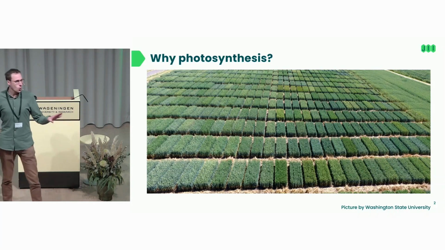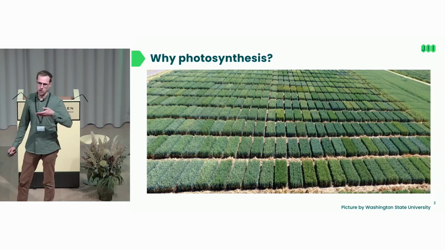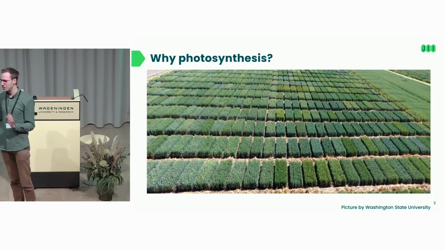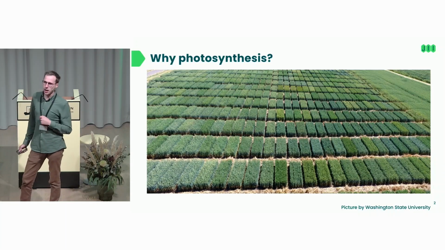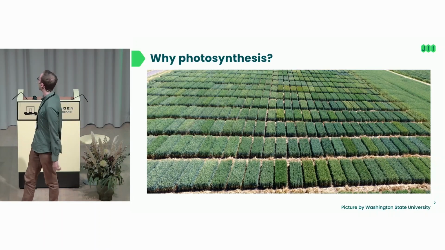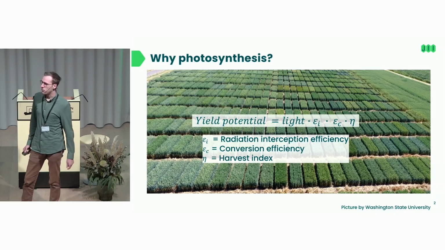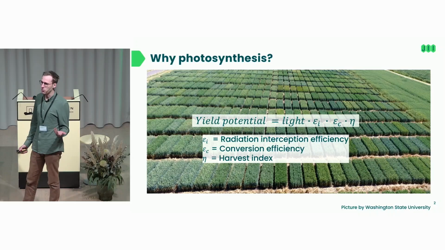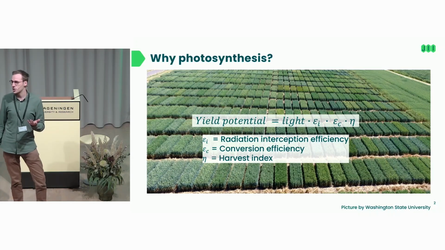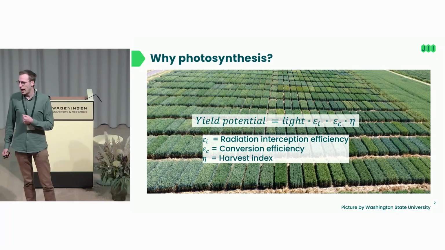But first, why photosynthesis? I think plant breeding over the last, well, thousands of years, but let's be a bit more recent, the last few decades, has done an amazing job on improving yield and yield components. Though, if we look at the formula for yield potential, it's basically comprised of radiation interception efficiency, conversion efficiency, and harvest index.